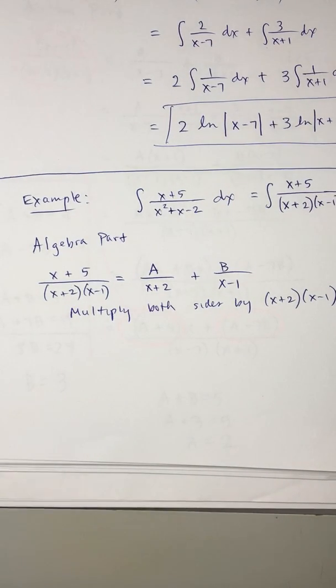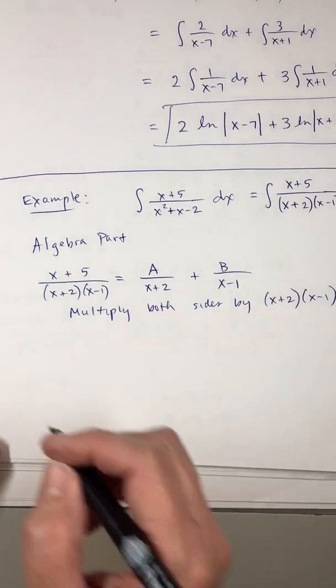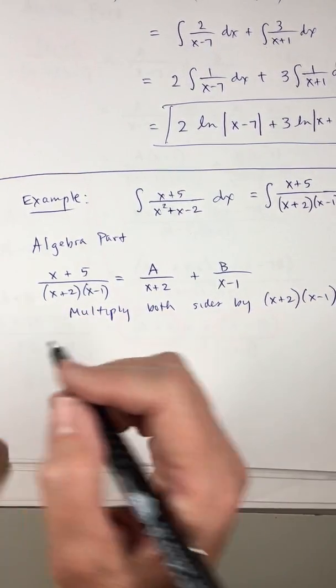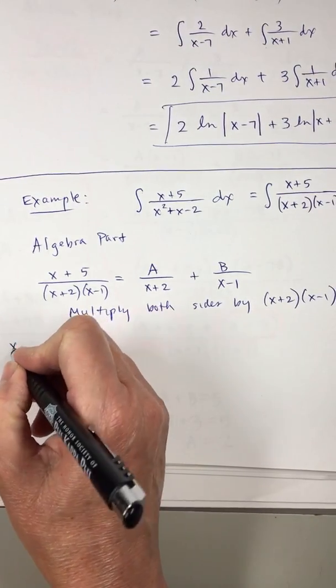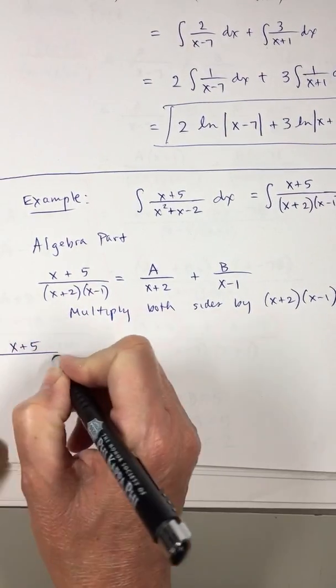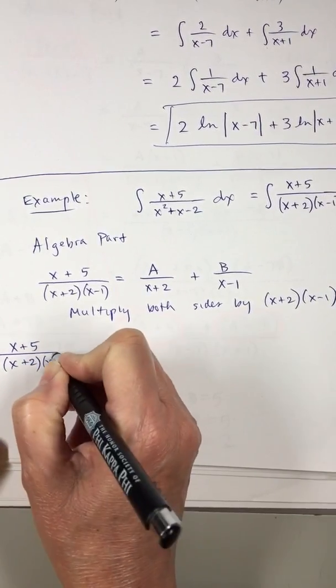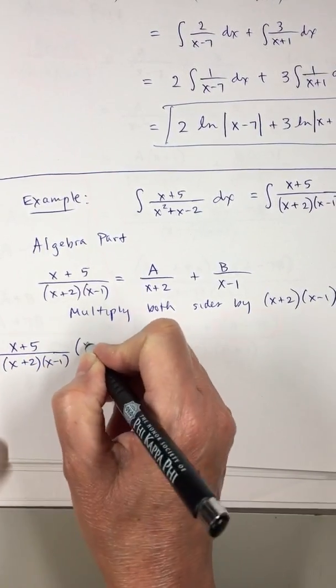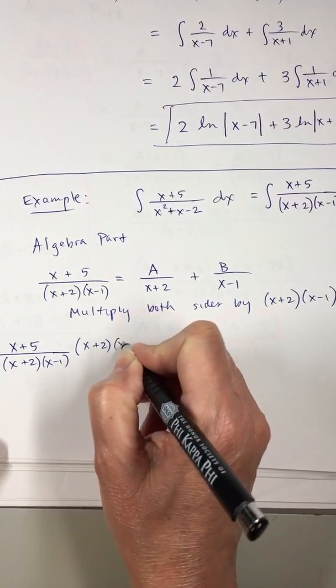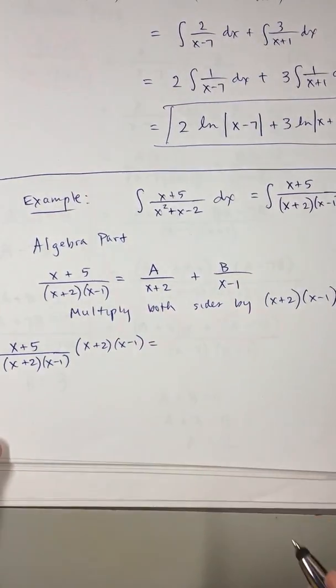Now I do tend to show a lot of steps here. Some of the steps I'm going to write, you're going to be very comfortable not writing. And I'll do it for at least one problem here, and this is it. So I have x plus 5 over x plus 2 times x minus 1, times x plus 2 times x minus 1, equals the right side times that.